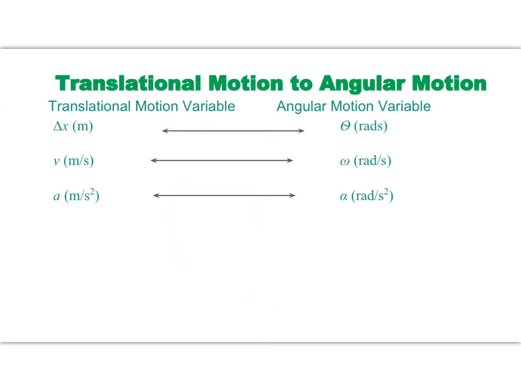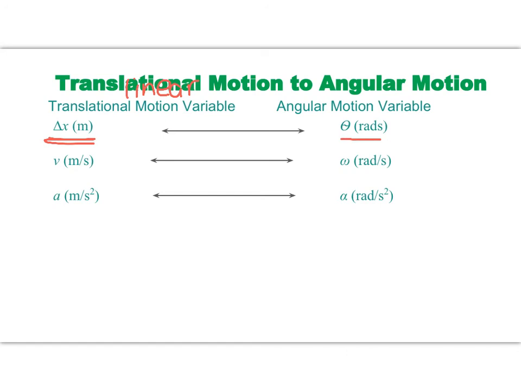When we go from translational motion, which we can also call linear motion, to angular motion, we are actually using the same exact formulas, except our variables are a little different. In linear motion, we have delta x, and this is how far we traveled.